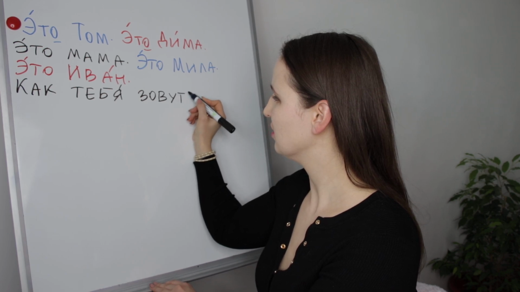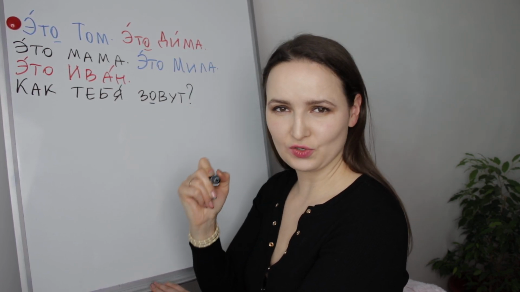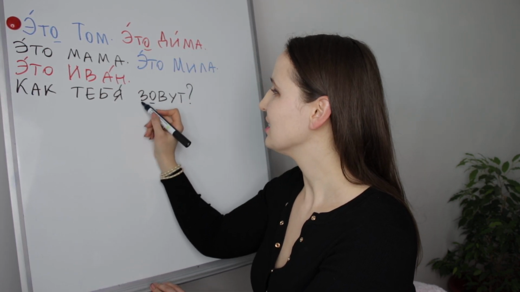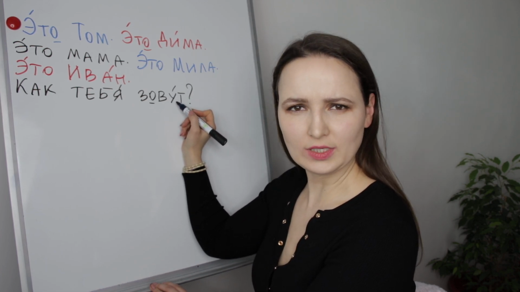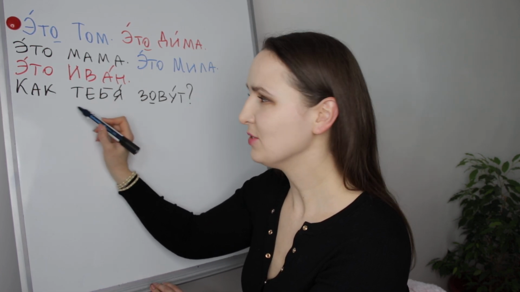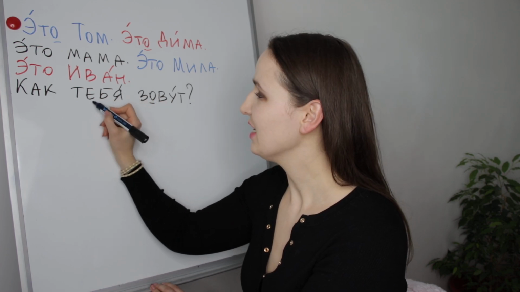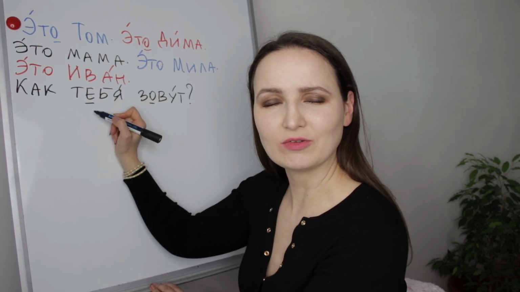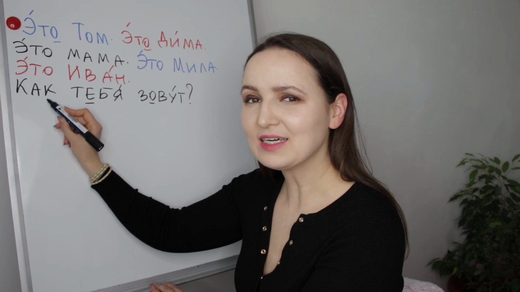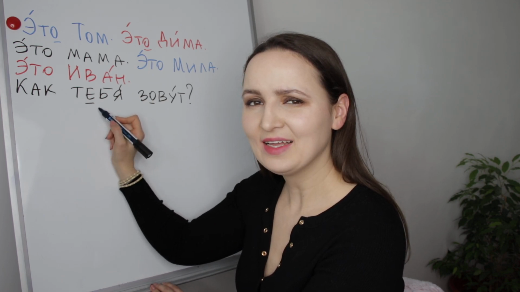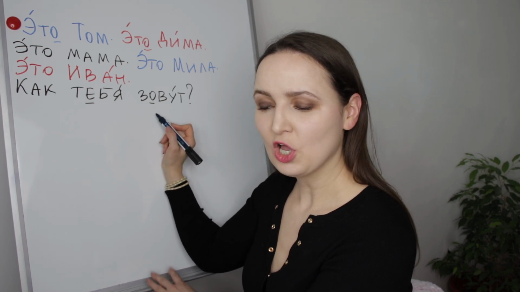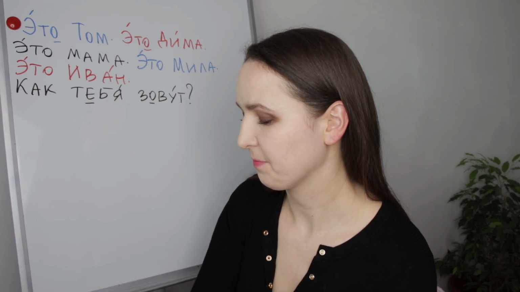Зовут. Here O is not stressed, so pronounce it as A. Зовут. Here O is stressed. Как тебя, E is not stressed, so pronounce it as E. Как тебя зовут? What is your name?